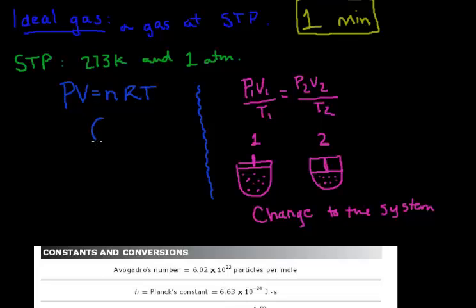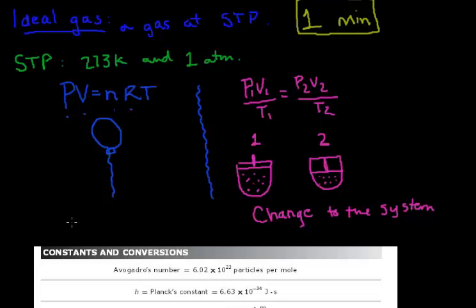What if I want to talk about a balloon? Just one balloon, no change, but I know the pressure, I know the volume, I know the number of moles, I know the R, which we'll get to. Can I find out the T? And the answer is yes. If you know 4 of these variables, then you can find the 5th.